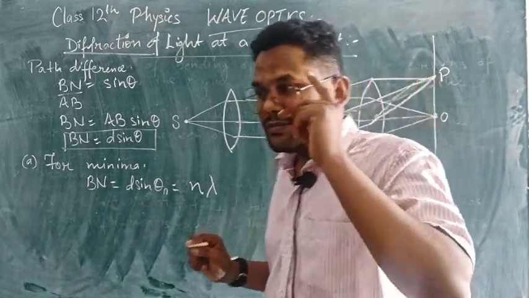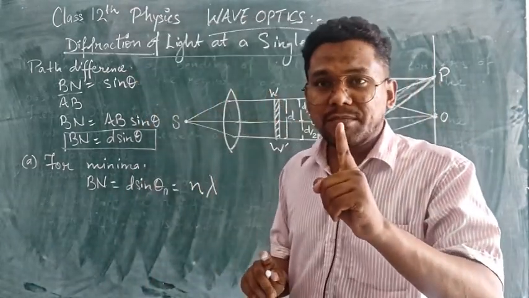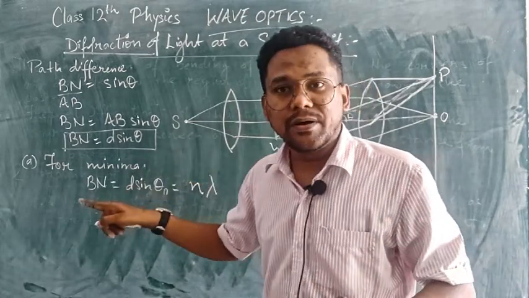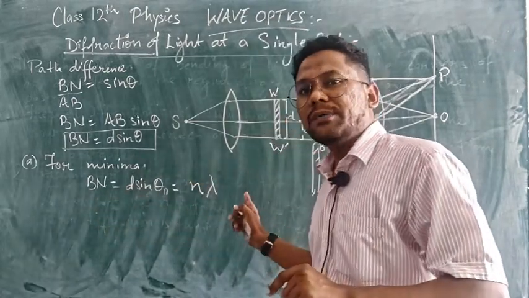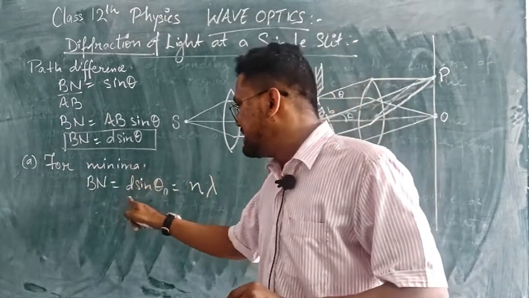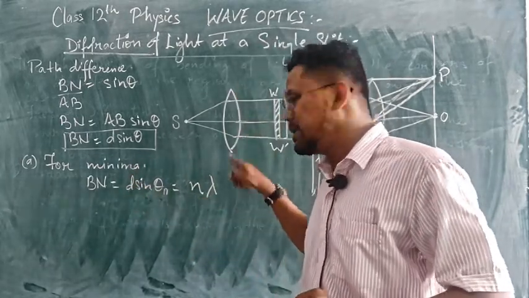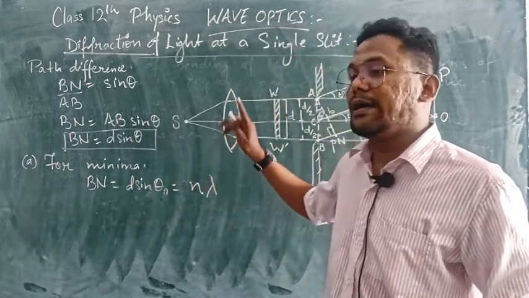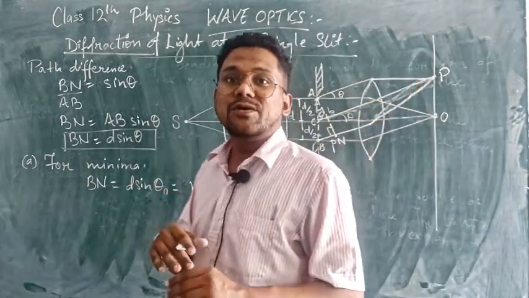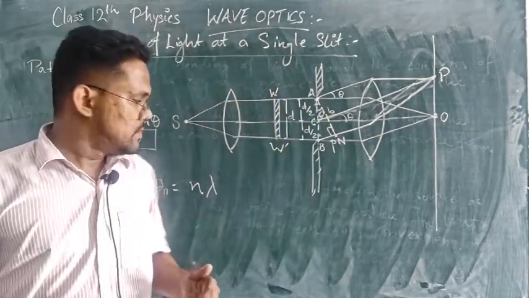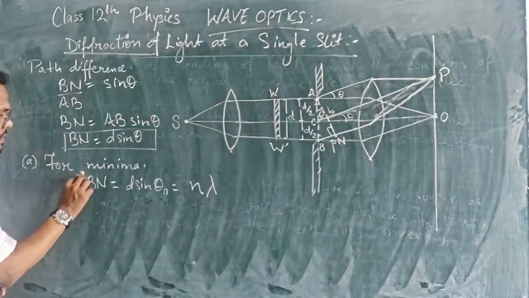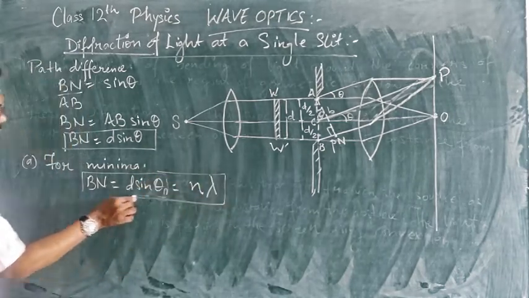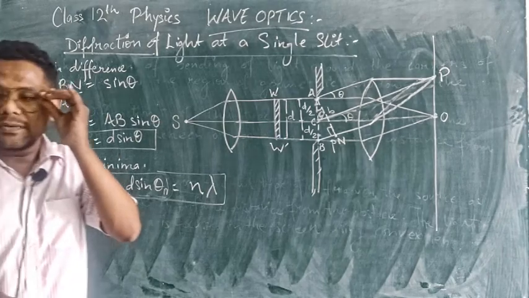This means for the first minima, d sine theta is equal to lambda. For second minima, d sine theta is equal to 2 lambda. For third minima, d sine theta 3 is equal to 3 lambda. And so on. For nth minima, d sine theta n is equal to n lambda, where n is equal to 1, 2, 3 and so on. So this is what I have for minima. The condition for minima will be d sine theta is equal to n lambda.